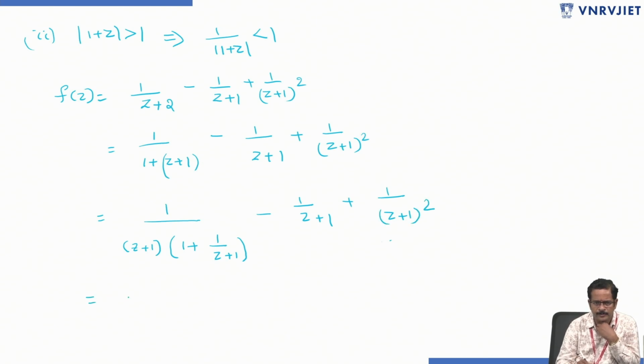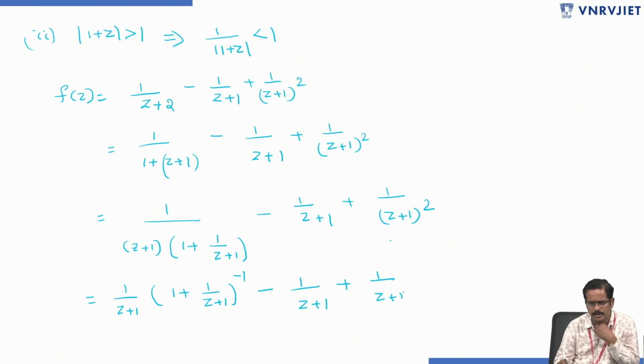So which is equal to 1 by z plus 1 into 1 plus 1 by z plus 1 whole power minus 1, minus 1 by z plus 1, plus 1 by z plus 1 whole square. Right.